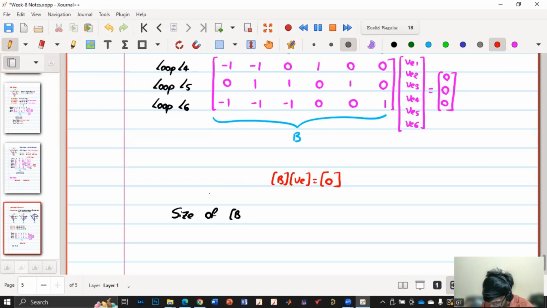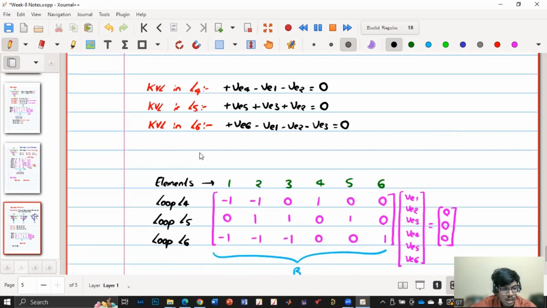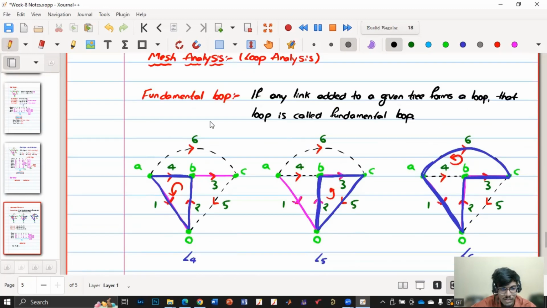Now, what is the size of B? How do we define it? If you see how many rows there are, the rows are equal to the number of links, because we are considering fundamental loops, which depend on the number of links.